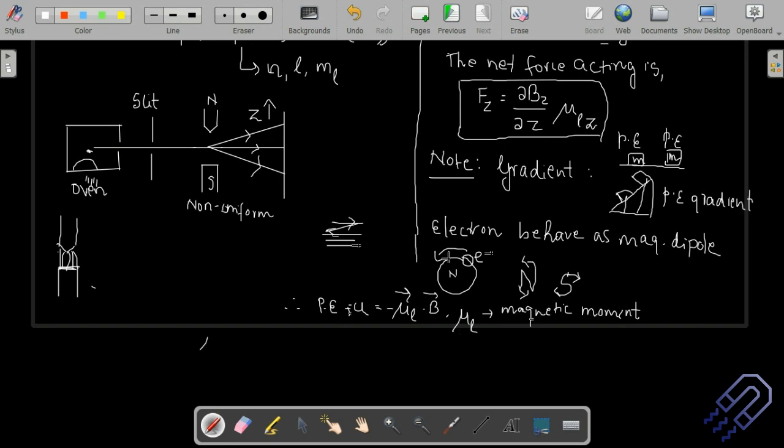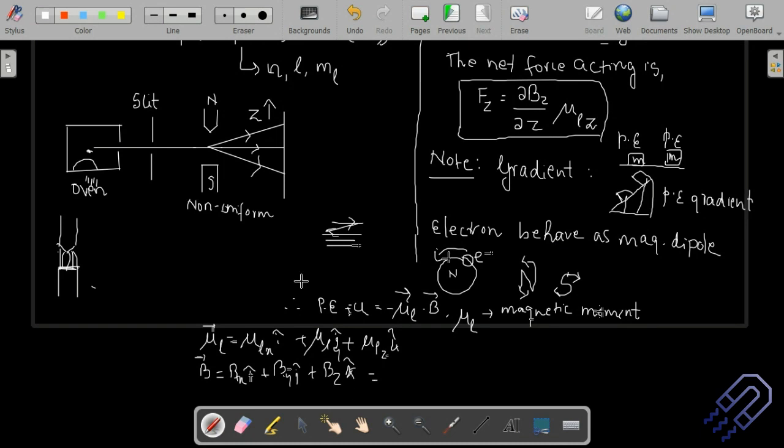Now, if you're considering a 3D picture, which is more realistic, this magnetic moment will have an x component along the x direction, a y component along the y direction, and a z component along the z direction. Similarly, the magnetic field will have x, y and z components.